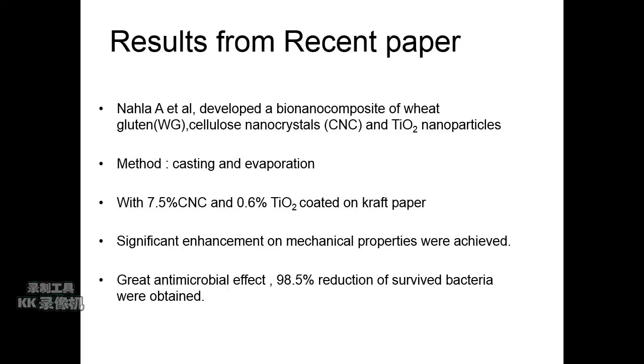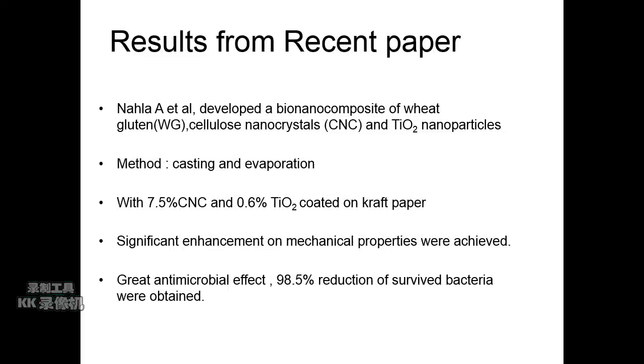So recently, Lana and his co-workers developed a bio-nanocomposite of wheat gluten, cellulose nanocrystals, and titanium dioxide nanoparticles with the casting and evaporation method, and they got very good results. The composite was coated on a kraft paper and tested for mechanical properties and antimicrobial effect.